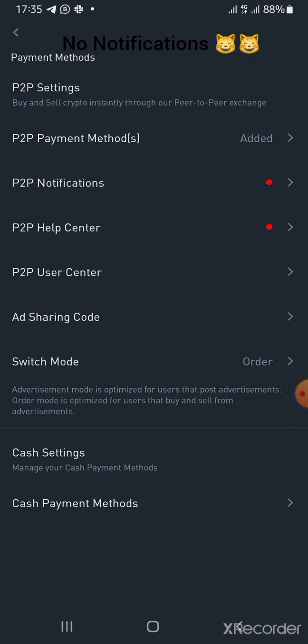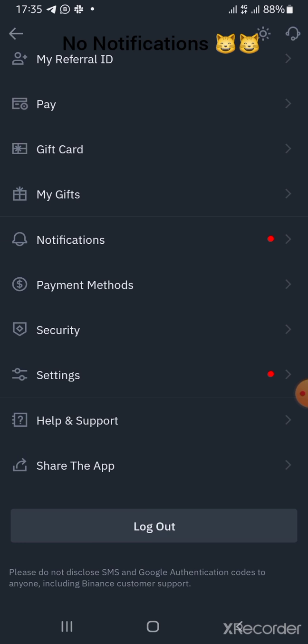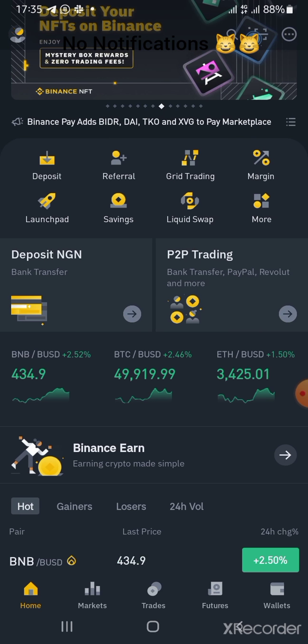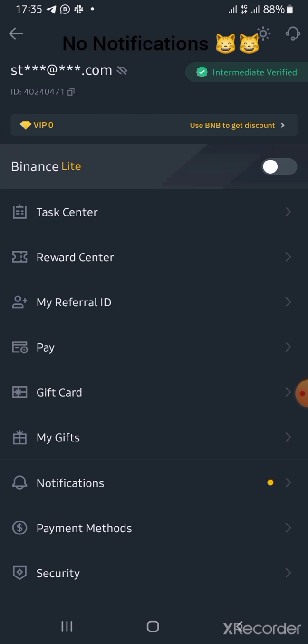All you need to do is click on it and add your bank details, the bank that you want to use to send money or do this transaction and receive money also. Now when you set up your payment settings, and also for you to trade P2P, you must have done your verification. That is what this green tick here means. You must have done your verification.